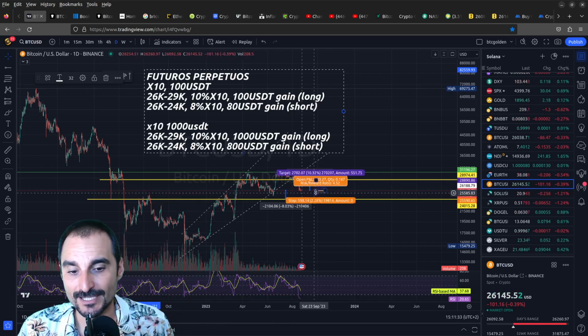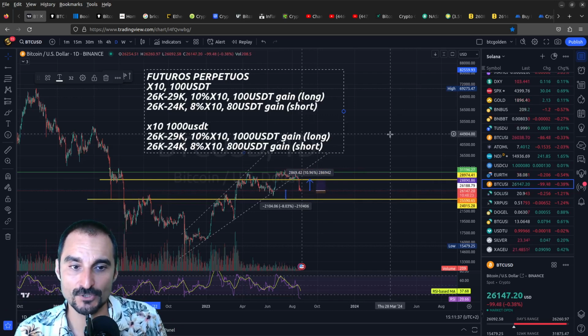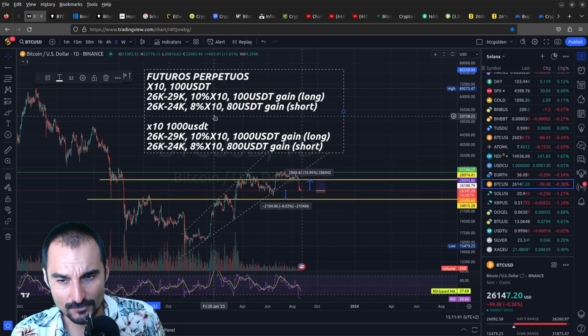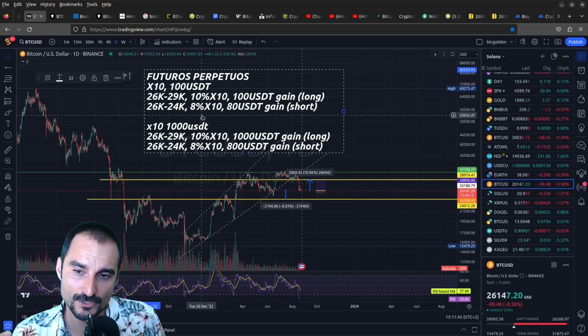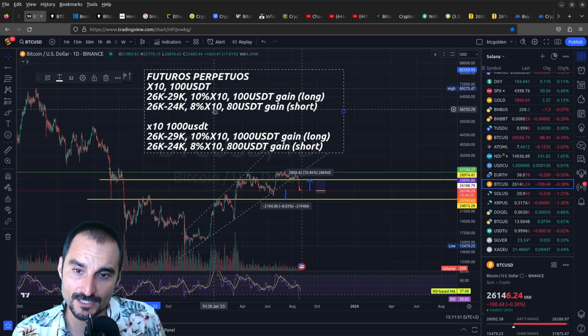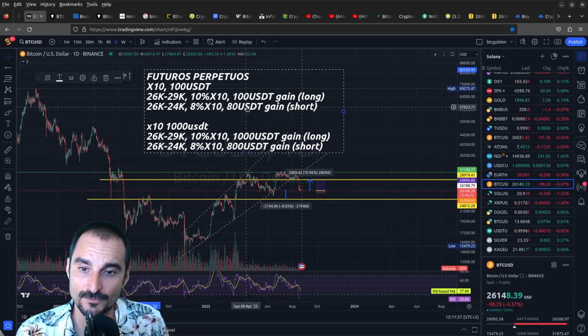In the event that it was going down, a futures short would be made, which basically is that you bet that the Bitcoin price goes down. That is a little more difficult to explain, but the functionality is very simple. In this case, we imagine that from 26 to 24 is 8%. We multiply it by 10 because we are leveraged 10x, so we would earn 80%. That 80% of the $100 we have put in would give us a profit of $80.